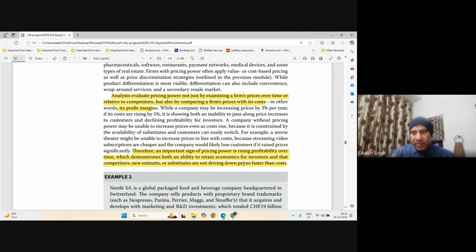There are two ways of enjoying economies of scale. One is that the average fixed cost declines. As the company produces more, we have studied in economics that average fixed cost is a rectangular hyperbola and it keeps on falling as the number of products increases.